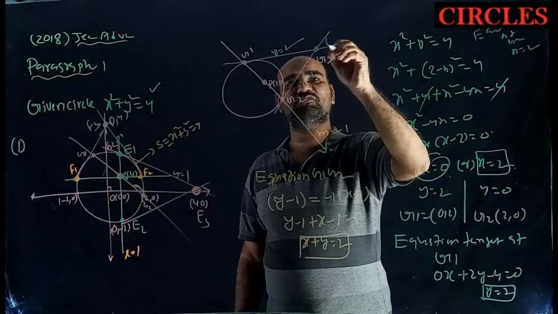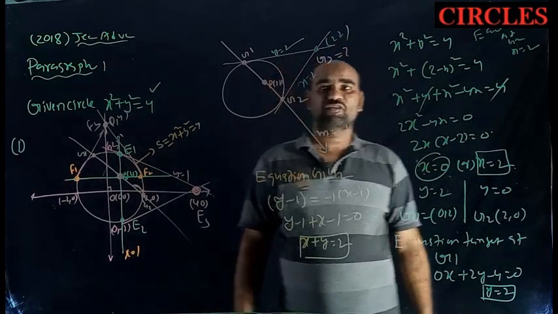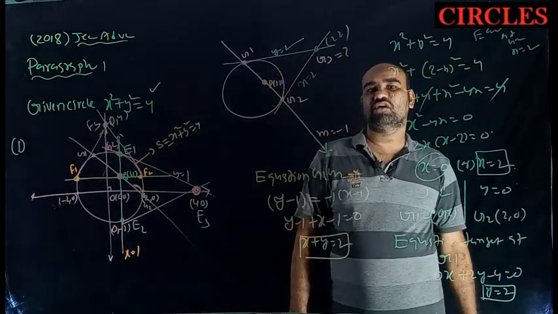So the point of intersection becomes (2, 2). Finally, we got G3 as (2, 2).